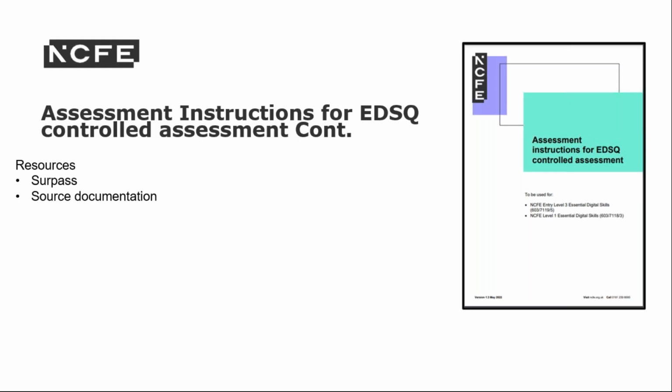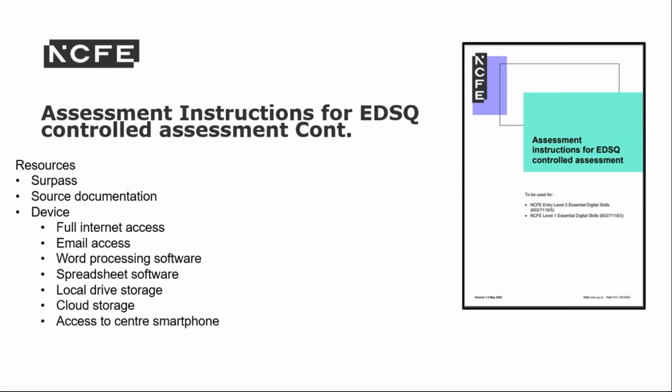Learners need any source documentation relevant to the assessment, a device to complete their assessment with, full internet access, email access, word processing software and spreadsheet software, local drive, cloud storage, and access to a centre smartphone. Centres are responsible for ensuring that there's no pre-prepared material on the hard drives or otherwise that can be accessed by the learners.